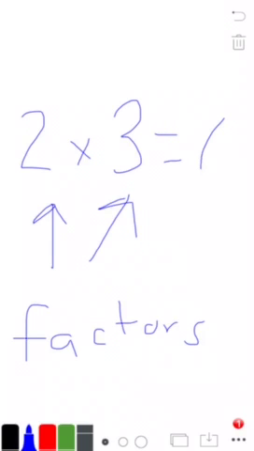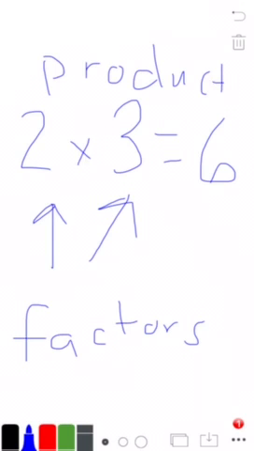Your answer in a multiplication problem is the product. So remember our little saying to help us remember that. Factories make products. So whenever you are looking at a multiplication problem, the answers to any multiplication problem, we're going to call a product.